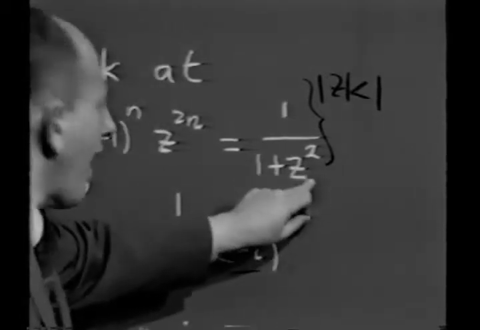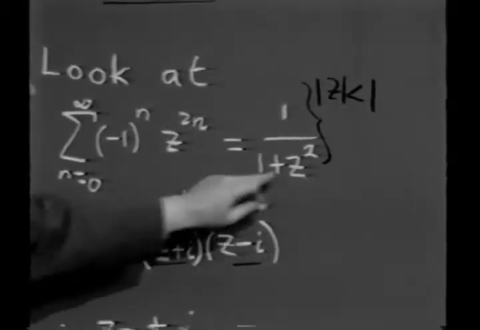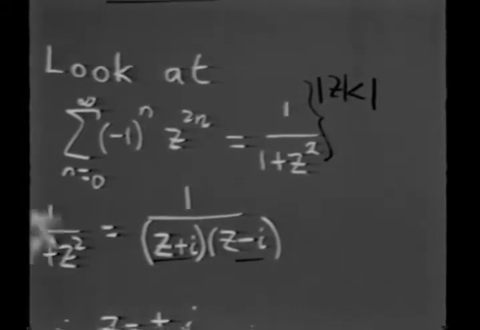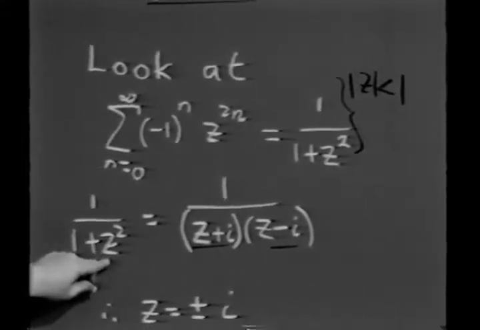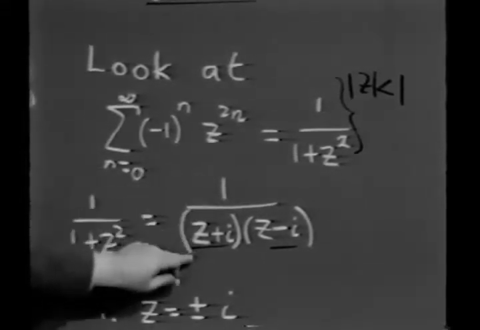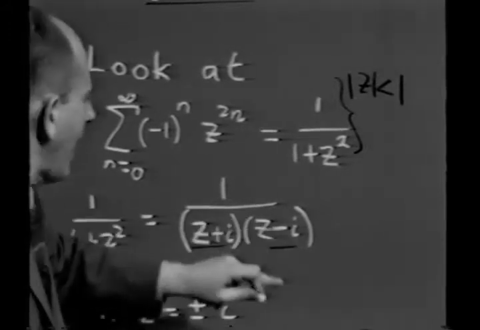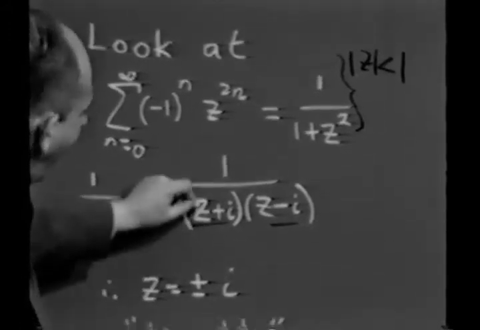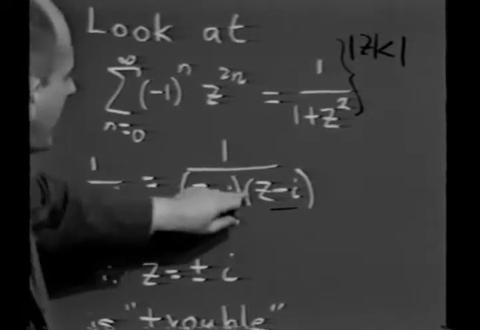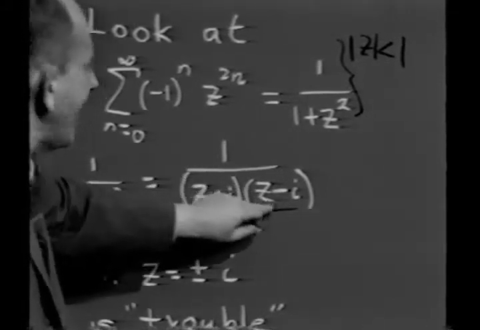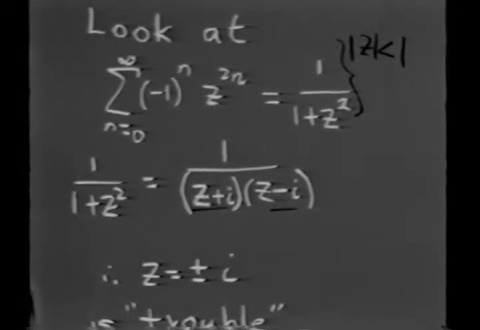But here's the key point. When I look at this, I'm not at all upset that something can go wrong on this circle. Namely, 1 over 1 plus z squared factors into 1 over z plus i times z minus i, and certainly I am leery of letting z either equal minus i or i, because it's going to make my denominator vanish, and even in the complex numbers, as you recall from our first lecture on complex numbers, you cannot divide by 0.